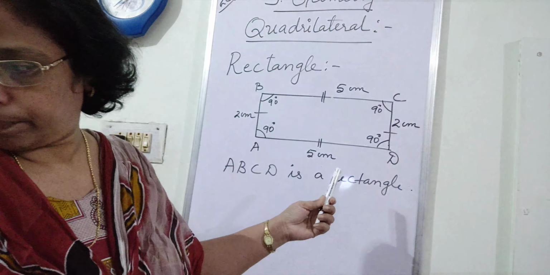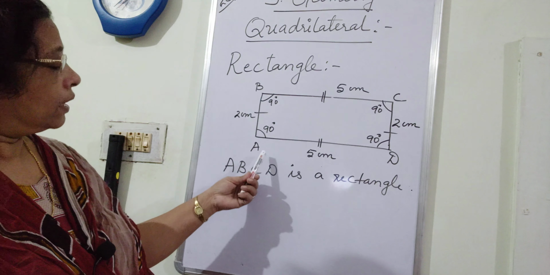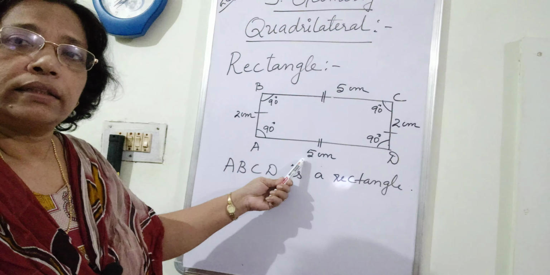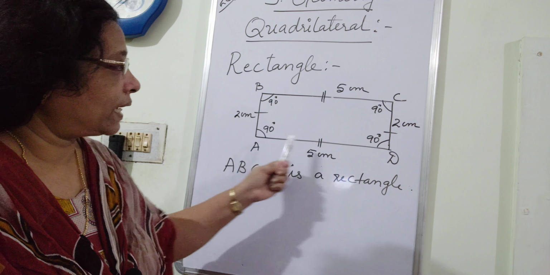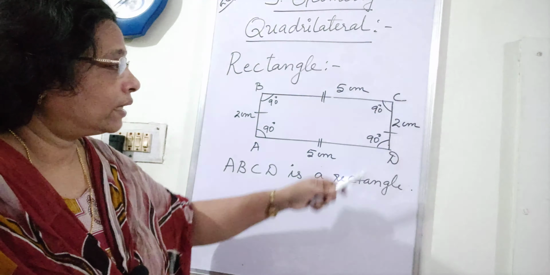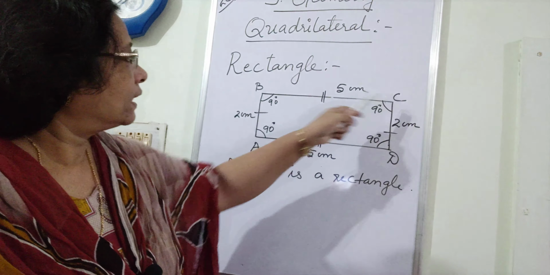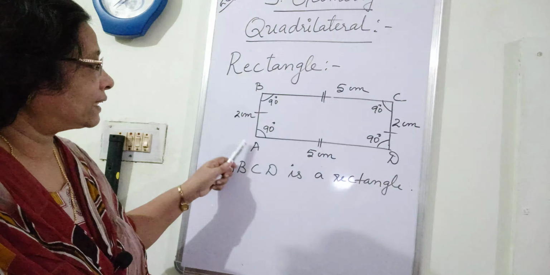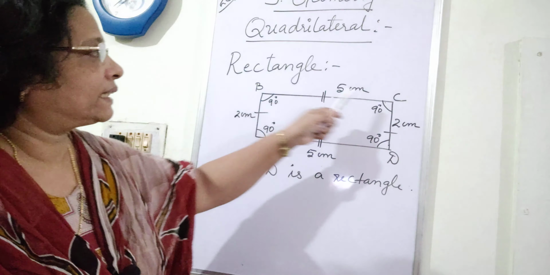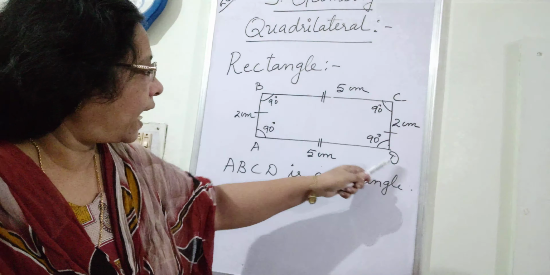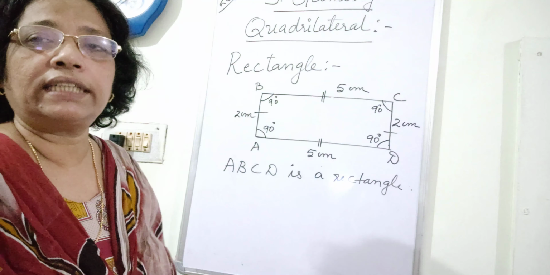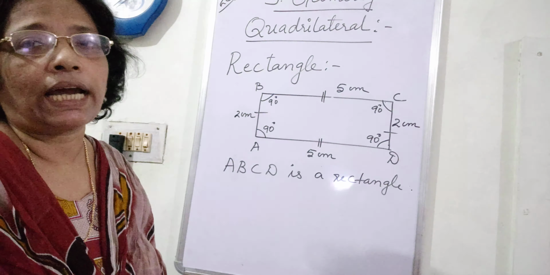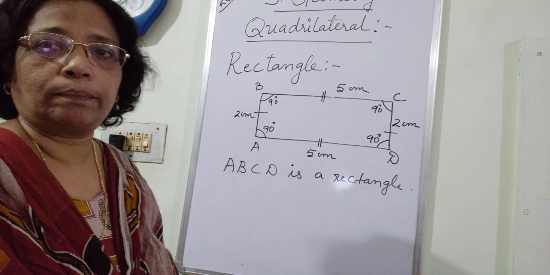So when these line segments join, they make the sides. So line segment AD is also a side, DC also a side, CB also a side, AB also a side. So line segments AB, BC, CD and DA or AD. These are the line segments. These line segments are called the sides of a rectangle.